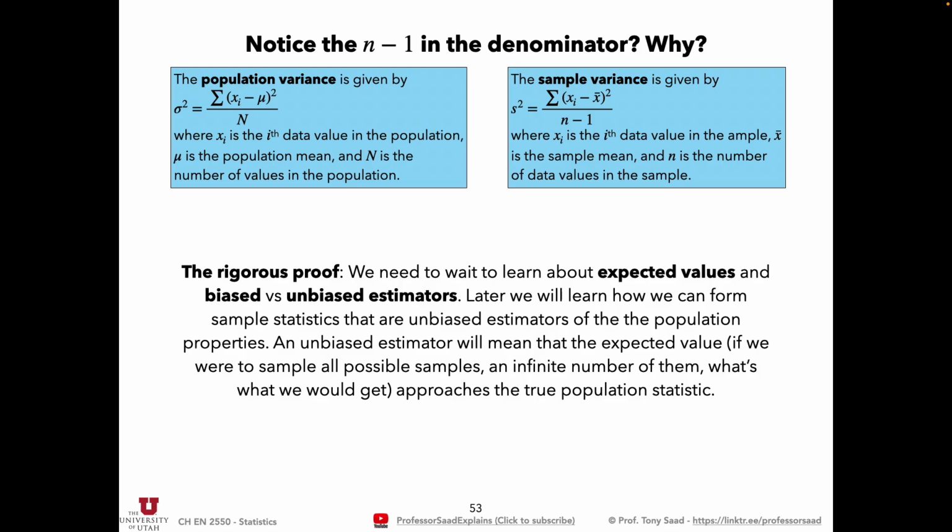And we want to design x bar and s in a way such that if we took all the possible samples we can sample, we can actually get the exact mean value of the population, mu, and the exact standard deviation, sigma, of the population. Okay?